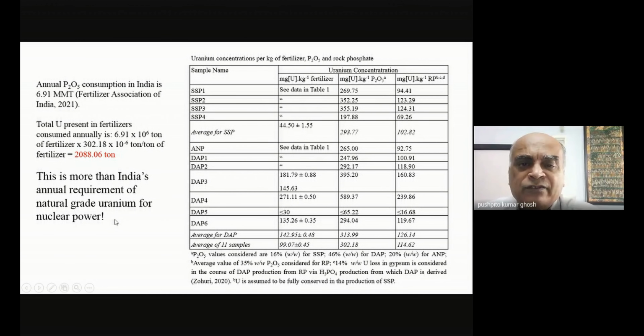So I see phosphate fertilizers and the intermediates from which they are derived as possible renewable feedstock for uranium. And why do I say renewable? Because every year we have to apply fertilizer. It's not once in 20 years. Every year. This figure is every year.